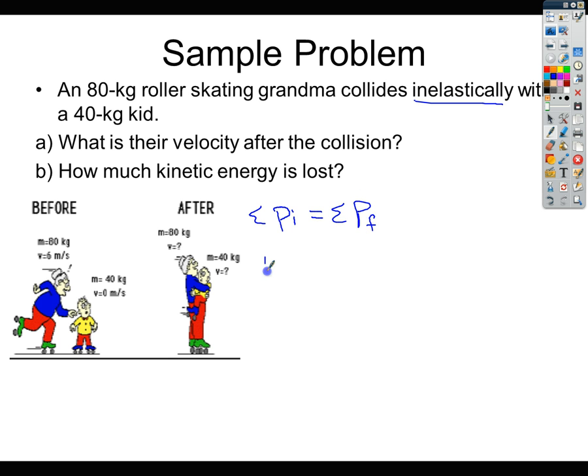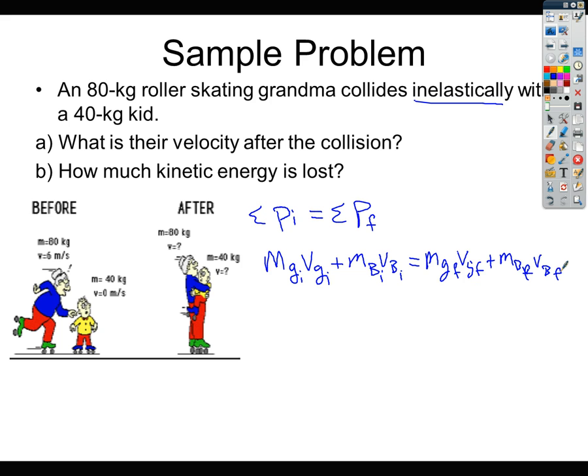The mass of Granny, m_g, times the speed of Granny, plus the mass of the boy times the speed of the boy, and these would be initial, so we're going to put little i's here, should be equal to the mass of Granny final times the speed of Granny final, plus the mass of the boy final times the velocity of the boy final.